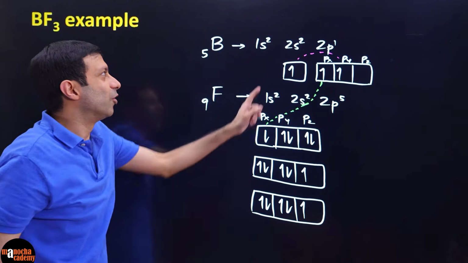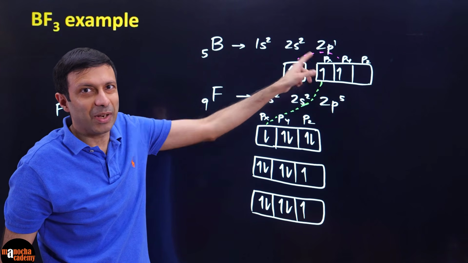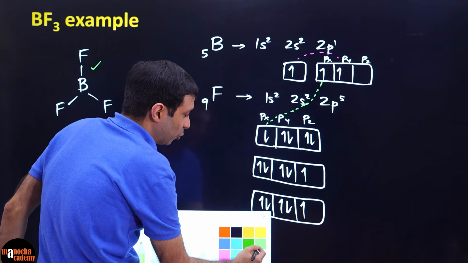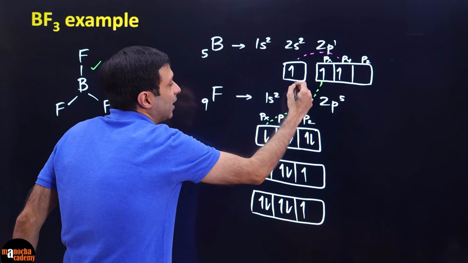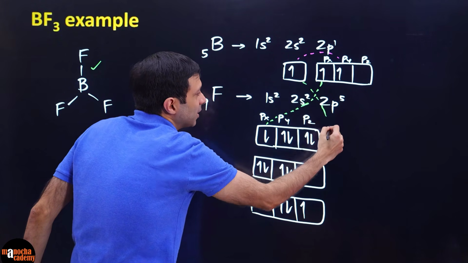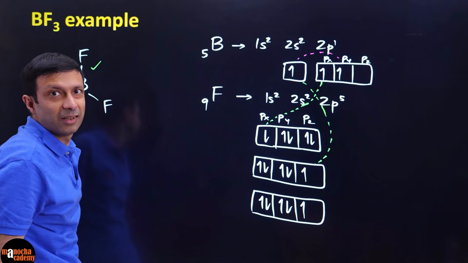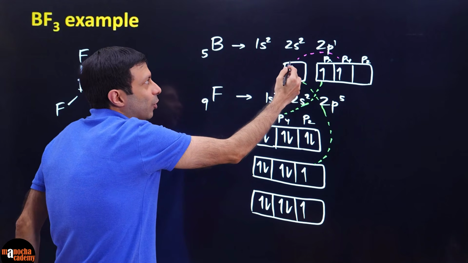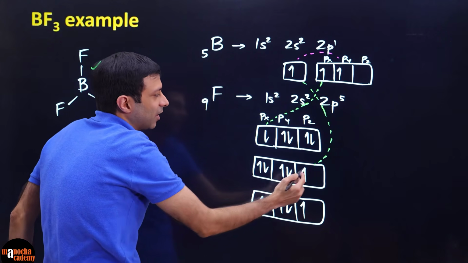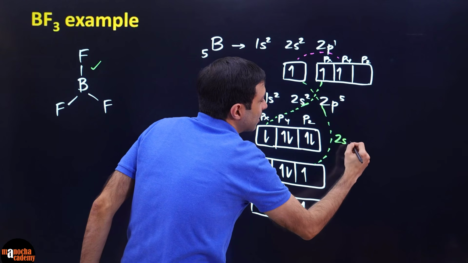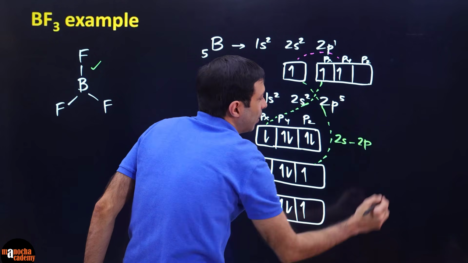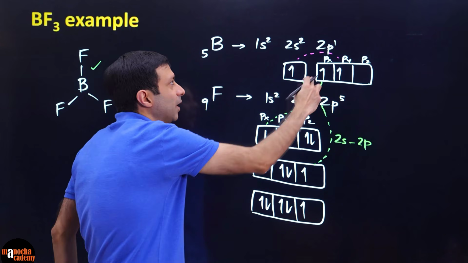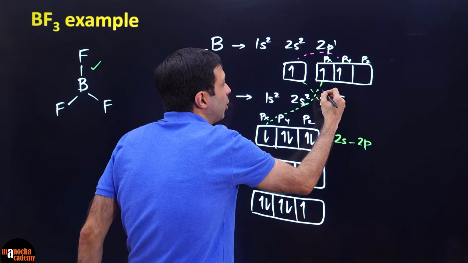Now you can see 2 more orbitals have been half filled, right? So this one is the 2s orbital, half filled, so that can easily overlap with this one. So let's say this and this overlap, right? So you will get an sp overlap here. If you look at this carefully, this is a 2s 2p overlap, 2pz or whatever you can call it. This one was a 2p 2p overlap.